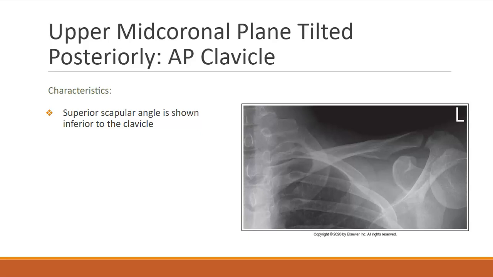Conversely, when the superior scapular angle is demonstrated inferior to the clavicle, you have some posterior mid-coronal plane tilt. Again, please look for these things so that we ensure we are accurately representing the anatomy of interest.